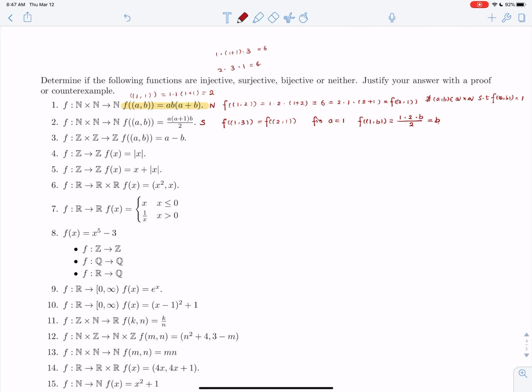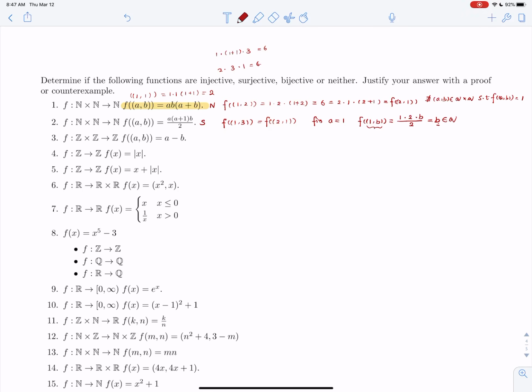Since b is any natural number, for any b in natural number, there always exists a pair in natural times natural that maps to it, so it's surjective. For functions that have more than one variable, fixing one of the variables is a really good way to do such questions, and you'll see it for number 3 as well.